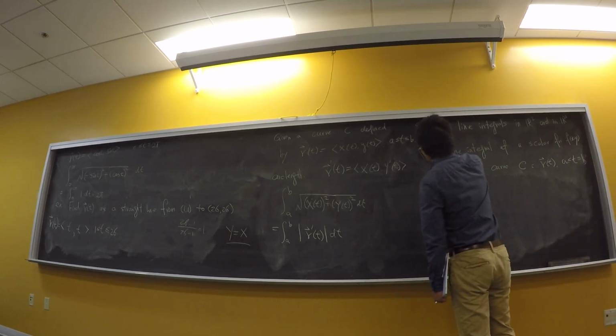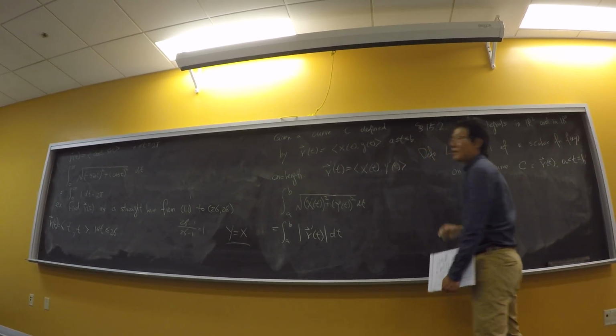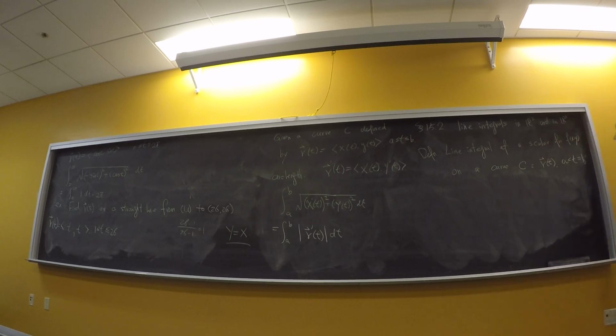So this is our main object today. The main object here is a line integral of a scalar function on a curve. Which means there are two conditions here to even begin doing the integral. I have to have a curve. Right? I have to have a curve.